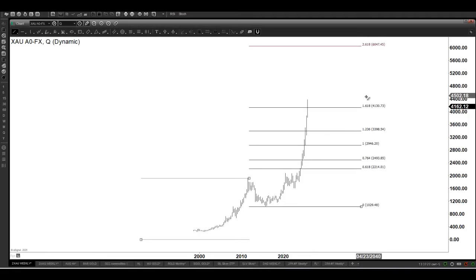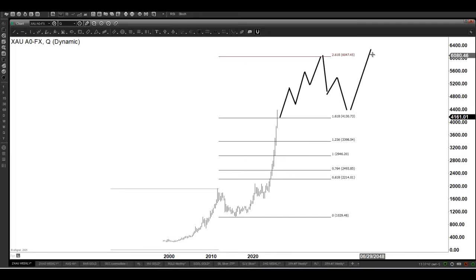It won't be in a straight line. It will be a series of 4s and 5s. Then it will push higher to around 8,000, 9,000, or around 8,000. And then the grand super cycle correction.